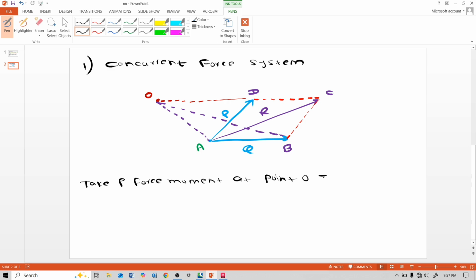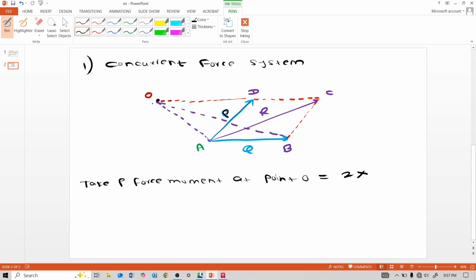We saw in our previous lecture that moment is nothing but 2 into the area of a triangle, the triangle that the force makes with the point where we are taking moment. So 2 into the area of triangle OAD. We are taking the P force moment now.